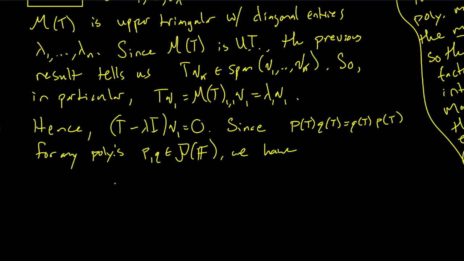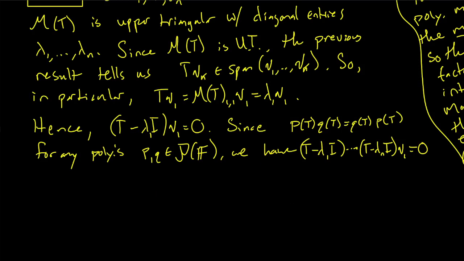I'll write it this way: (T minus lambda 1 I) all the way down through (T minus lambda n I) applied to v1 is the 0 vector.